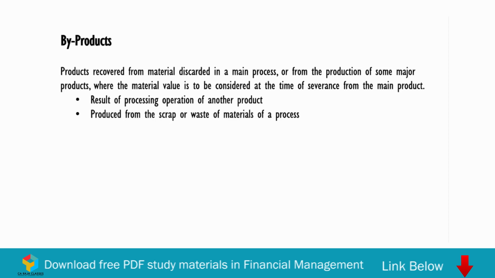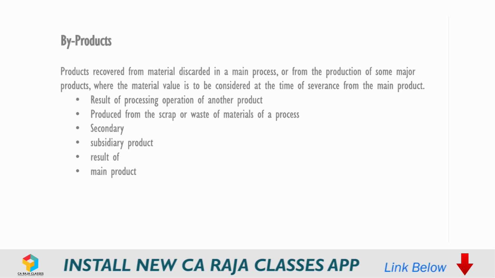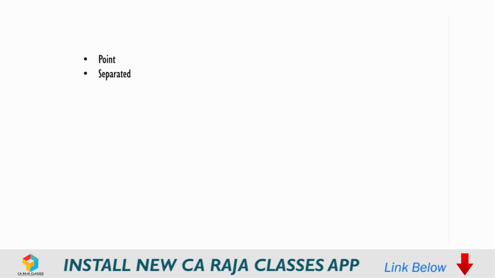So in short, byproduct can be a secondary or a subsidiary product which is going to arise or which is emanated as a result of say manufacture of the main product. The point at which the byproduct or say the byproducts are separated from the main product is known as a split off point, and the expenses of processing are going to be joint till that split off point.